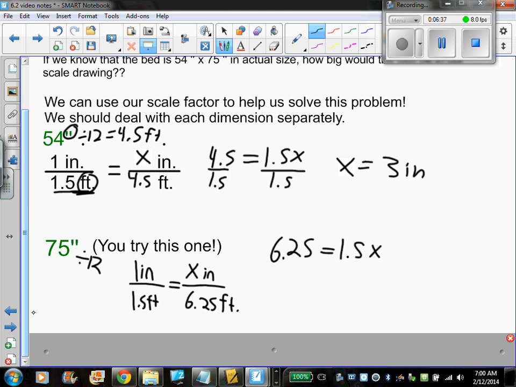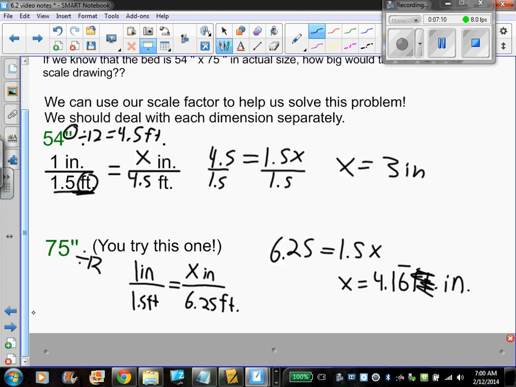And here, all we have to do is divide 6.25 by 1.5, which ends up being 4.16 repeating. So what that tells us, since we were making our scale, is that this is going to be 4.16 inches, not feet.